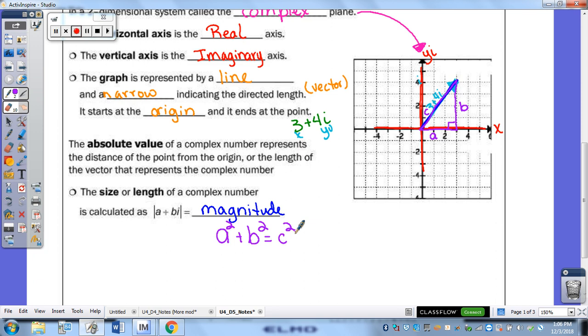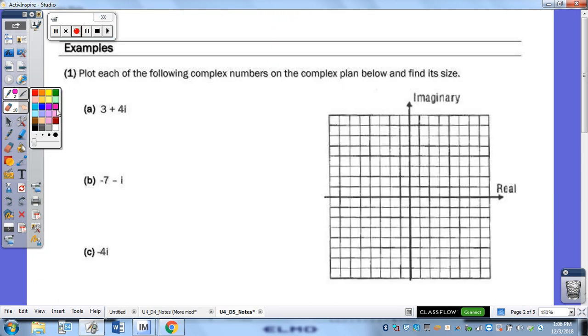So let's take a look at some examples. They want us to plot each of the following complex numbers on the complex plane and then find its size. Remember, when it tells you to find its size, that means its magnitude. We're going to first graph 3 plus 4i.